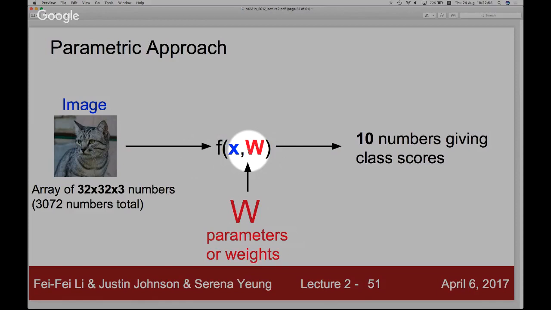Instead of doing what we did in KNN, which is just to define a distance metric, here W represents a compact representation of the output of the learning algorithm. Okay, so all we're going to get out of training everything is a set of numbers, and these numbers represent what the model has learned.